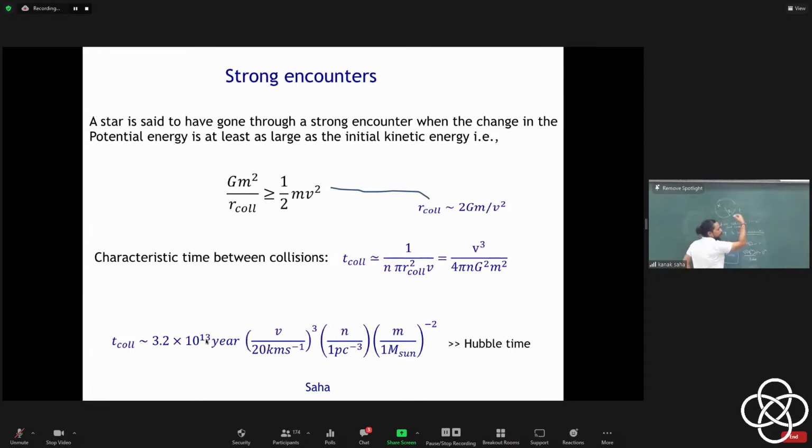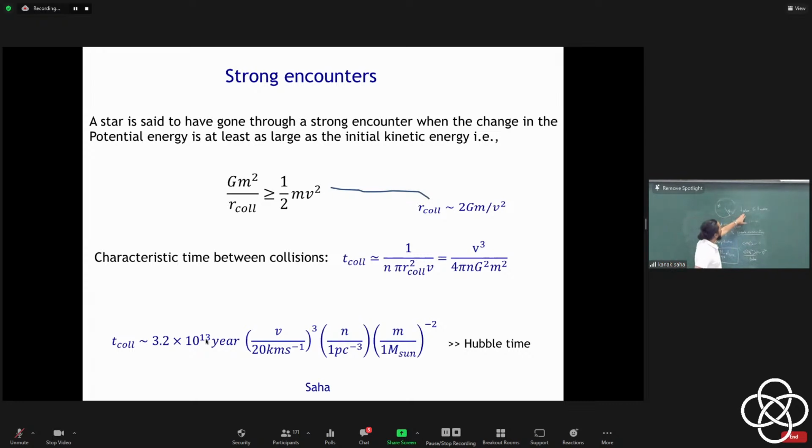So if T, the time scale for your system, is less than T relax, or if T relax is less than or equal to T Hubble, which is around 13.7 billion years, then you need to worry about encounters in the system, which means you cannot ignore encounters in the galaxies.